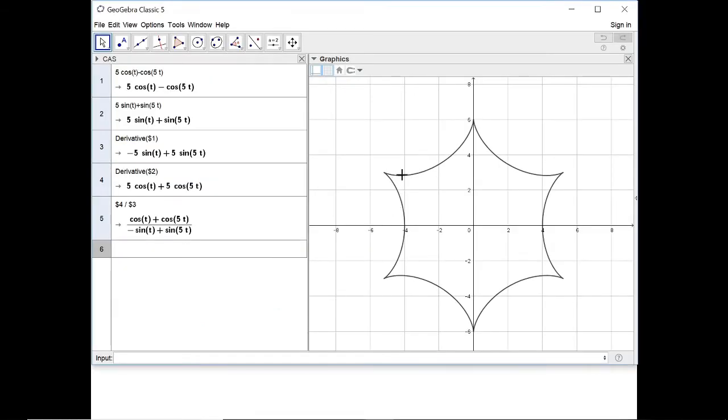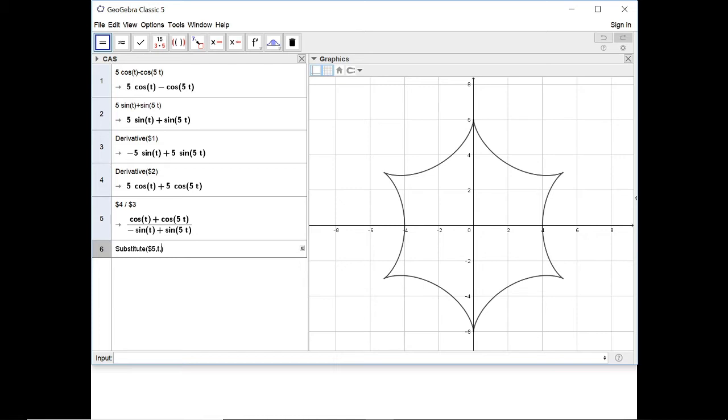So here's the example drawn out for us in GeoGebra, and here are the derivatives that we worked out. This was x and y, this was dx by dt and dy by dt, and then dividing one by the other to get dy by dx. So what happens if we substitute in my points of interest, t equals pi by 6 and t equals pi by 2? Let's substitute into expression 5.